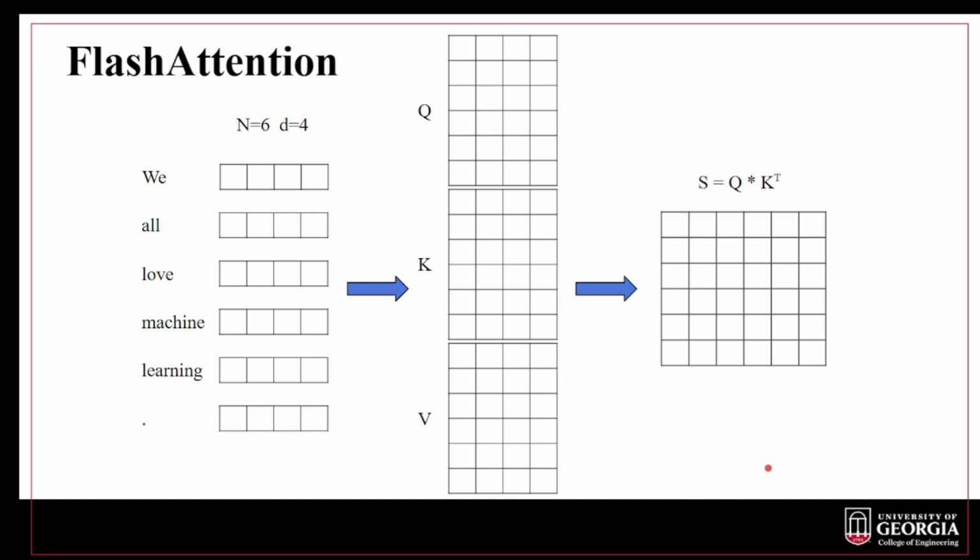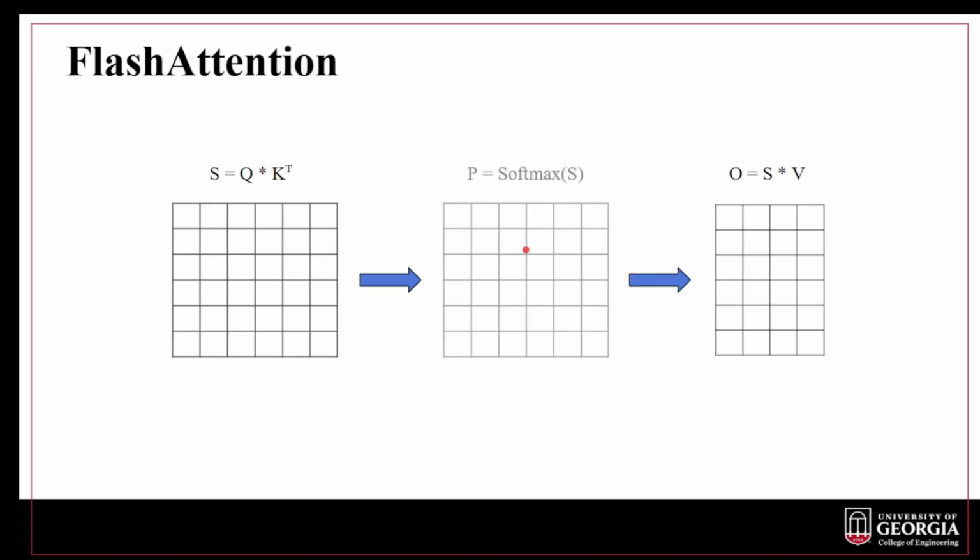The next step is to compute the score matrix S using the equation S equal to Q times K transpose. Then we compute P equal to softmax(S) and O equal to P times V. In order to build a better understanding of how tiling works, we omit the softmax here and assume O equal to S times V. Later, I will explain how the process works when softmax is included. For now, just ignore it.